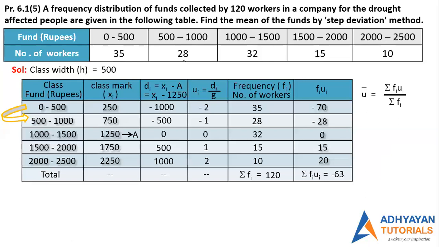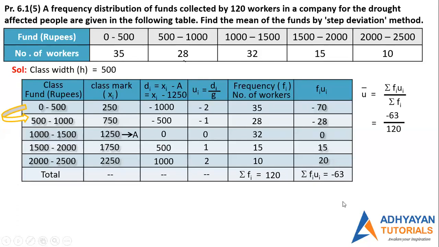Now, the total of FIUI is minus 63 and the total of FI is 120. So, substituting the values, summation FIUI is minus 63 upon summation FI, which is 120.